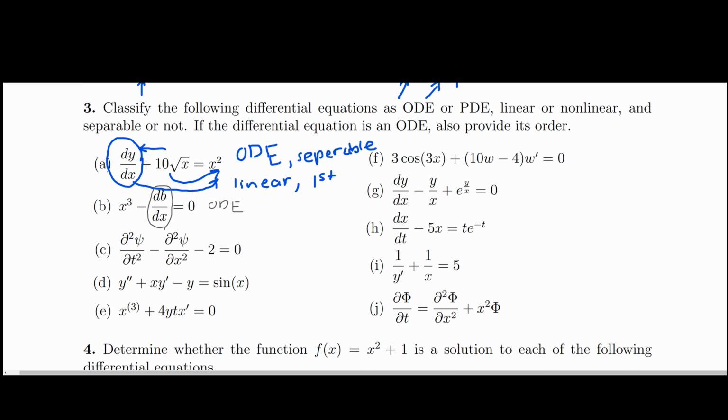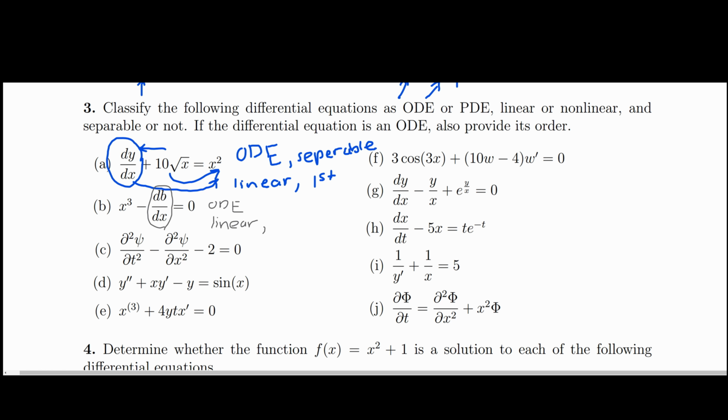Now, is it linear or nonlinear? For just about the same reason, B is by itself, it is in the derivative, it is linear. And now we have to look, is it separable or not?